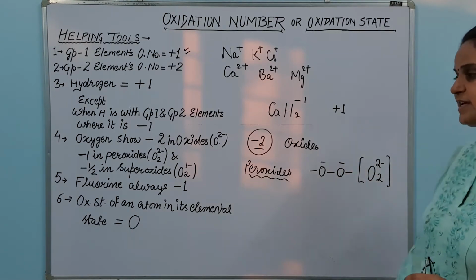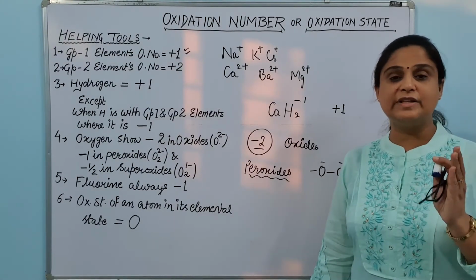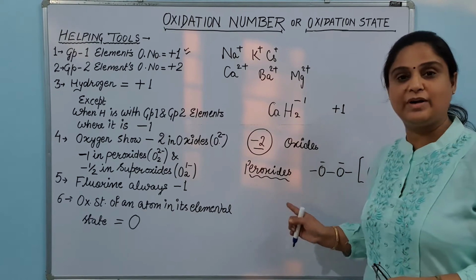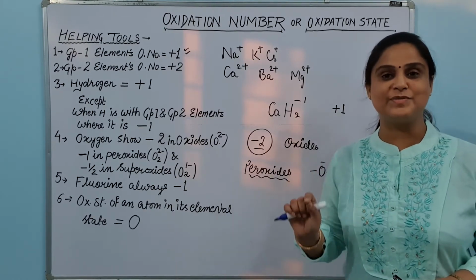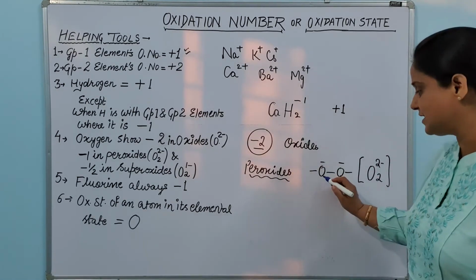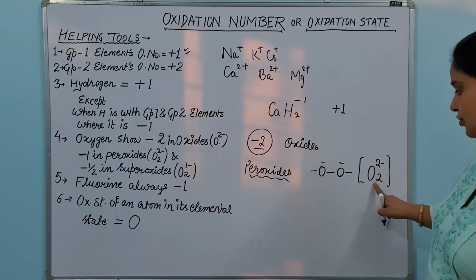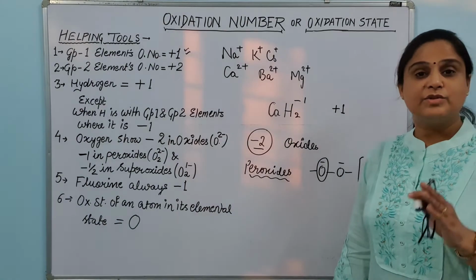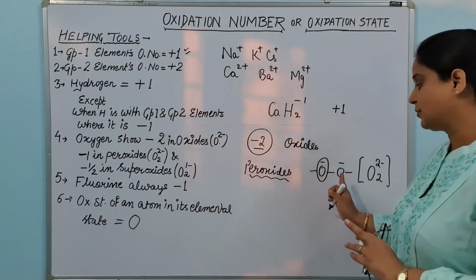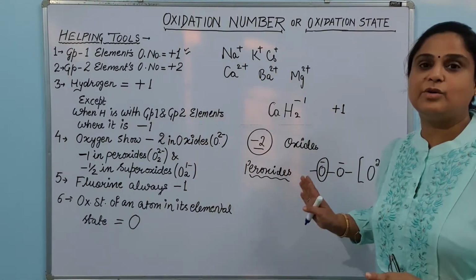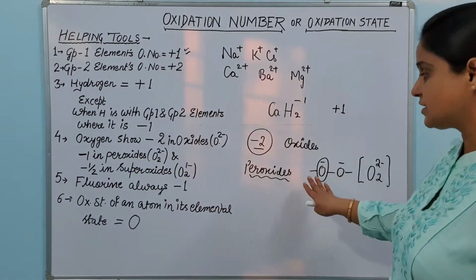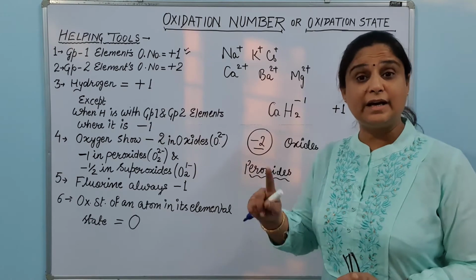So this is the peroxide bond, and when the oxygen is connected with any other atom using this type of bond, this oxygen shows -1 oxidation state. You can see there are two charges on two oxygens, so one oxygen has only one charge. So in this condition, where you can observe this type of bond, the oxygen is at -1 oxidation state. Is it clear? So this is one of the conditions of oxygen other than oxide.